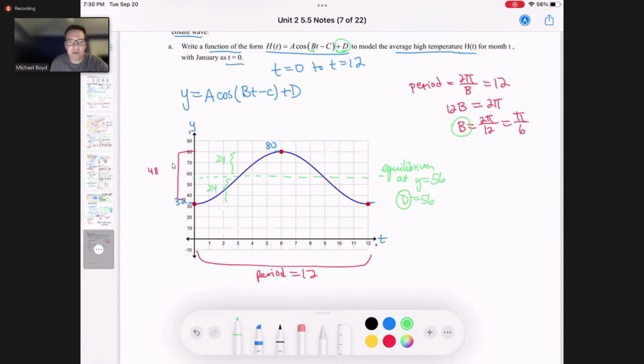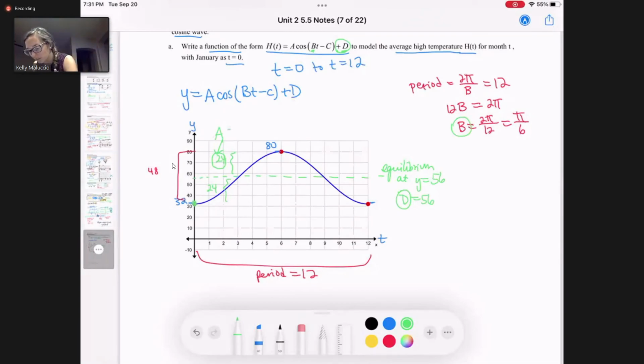But like Jakob said, A is 24. Yeah, okay, exactly. A is 24. This number is our A, right? But it's negative because of what Jakob said. A is always like the absolute value. Yes. Okay. Thank you. Good. So A is 24, but we know that because we start at a low point and are going up, we're going to have a negative value.